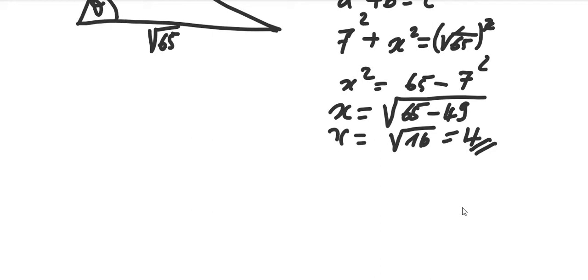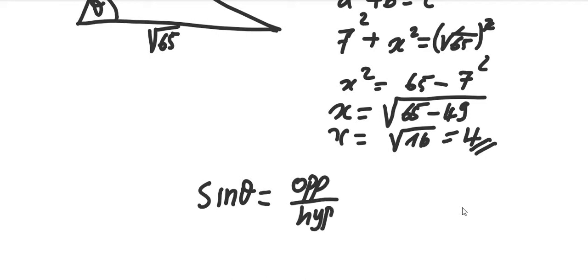Now with our adjacent, we can now calculate all the trigonometric functions we need. Let us calculate the sine function. We will obtain the opposite divided by the hypotenuse, and this is equal to, my opposite here is 7, and my hypotenuse is the square root of 65.